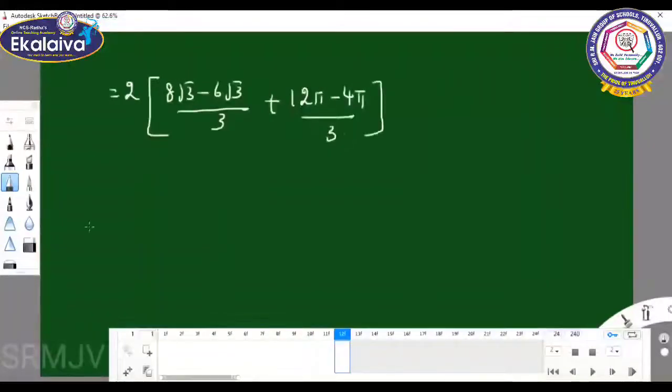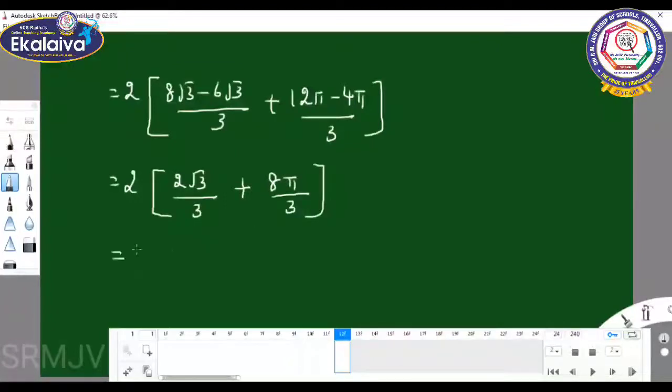So it gives 2 root 3 by 3 plus 8 pi by 3.